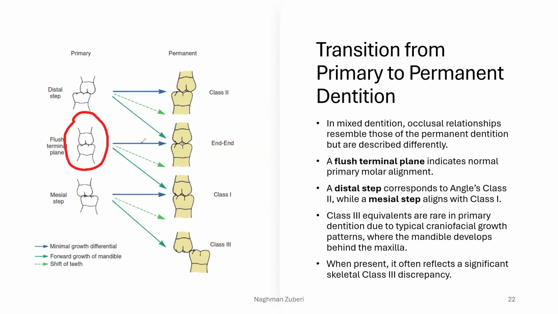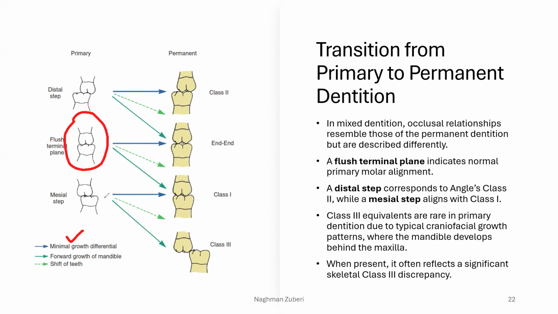From here, it could either stay end-to-end if there is minimal growth, or it may move forward with growth of the mandible. It may go into class 1 relationship, or a half-a-cusp type of relationship. But if the forward growth of the mandible is good, then it will attain class 1 relationship.